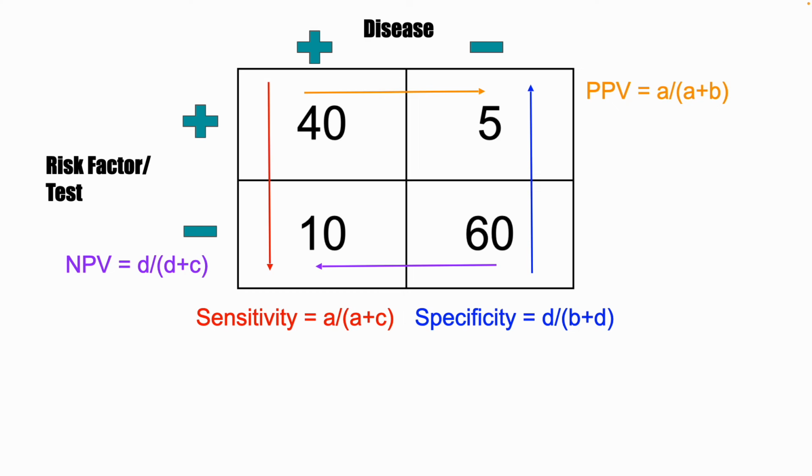So sensitive people tend to fall down in life, so the arrow goes downwards from A to C. Specific people and have specific intentions tend to get brought up in life, so the arrow goes from box D to B. And then positive and negative predictive values are like number lines, so positive predictive value trends in the rightward direction and goes through box A and B. And then negative predictive value, we know that the number line trends to the left, and so it goes through box D and C. So I really hope that this helped you memorize or understand these 4 equations a little bit easier.